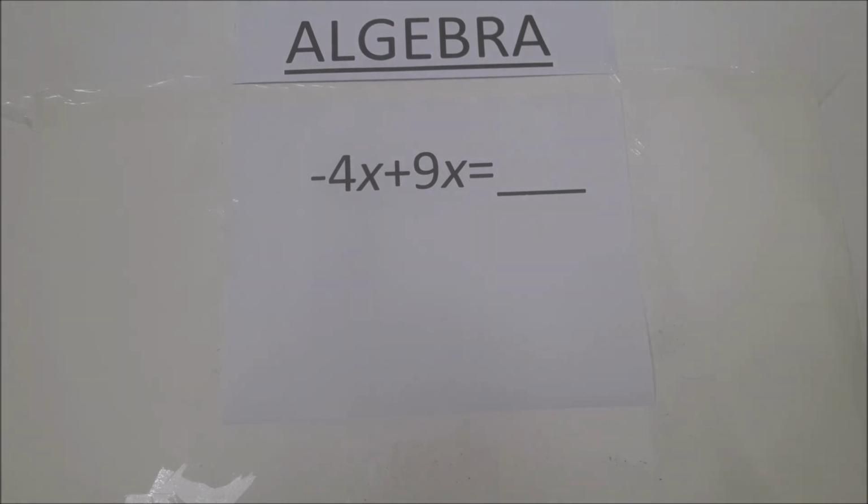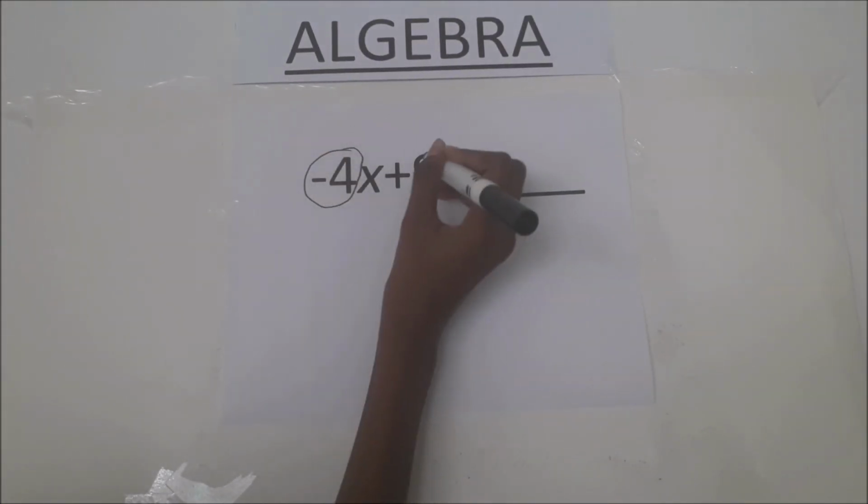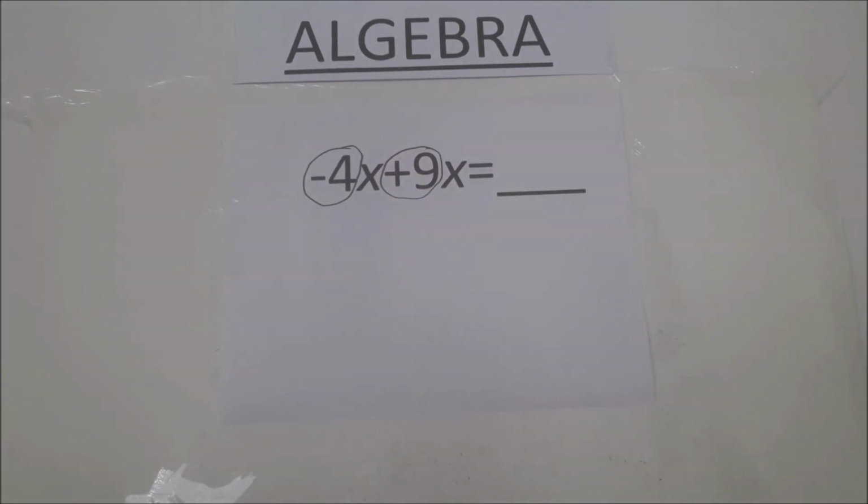Okay, final problem. Read it. Let's see if you get this correct. -4x plus 9x. Go ahead. Circle -4, circle +9. Is the sign going to be positive or negative?